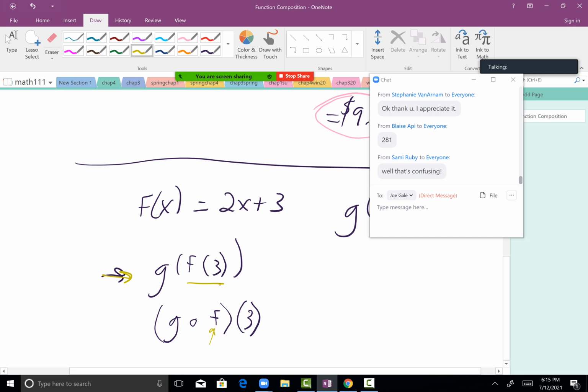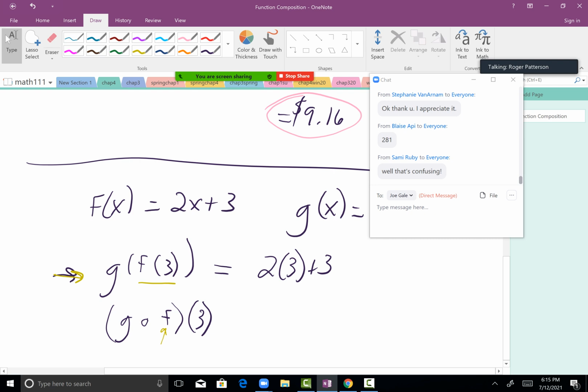All right. So I'm just going to walk through this. I'm going to go up here first. So I'm going to take 3 and put it into the f function. So 3 is going to go right there. Okay, so that's my input, right? Equals 2 times 3, 6 plus 3 is 9. There's my output. And normally we would be done. But remember, in function composition, this output now becomes the input.